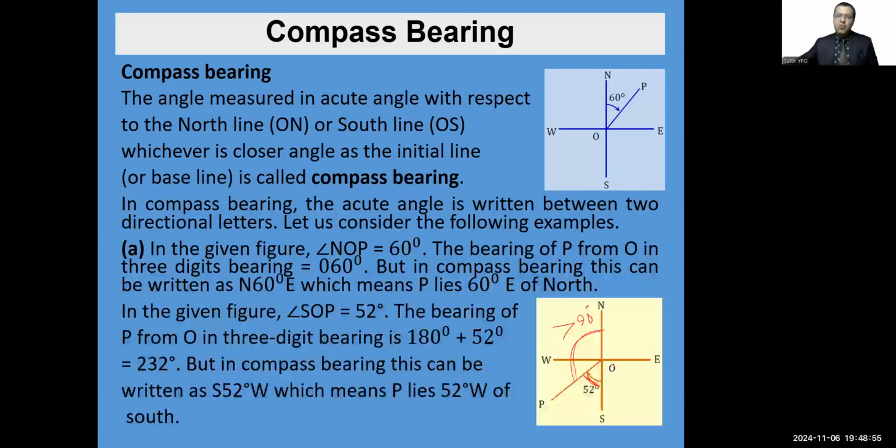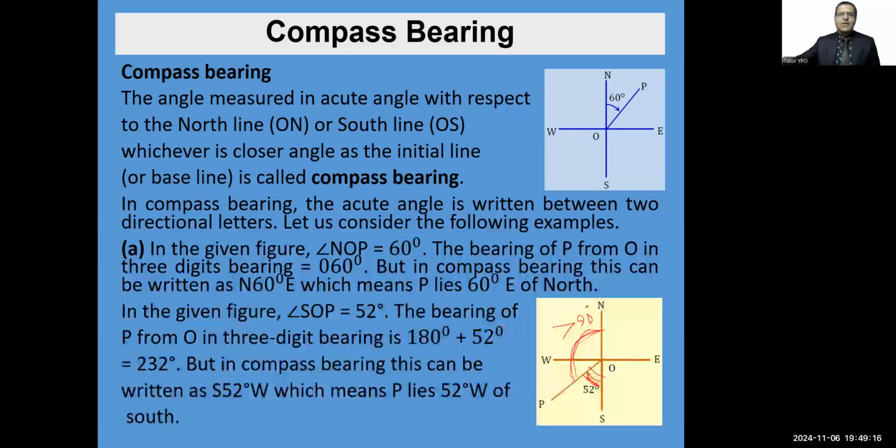And this OP makes a smaller angle with the south line. This OP makes a larger angle with this north line. We have to look for the smaller angle. Smaller angle means the acute angle.